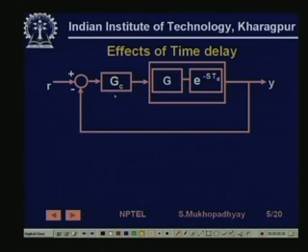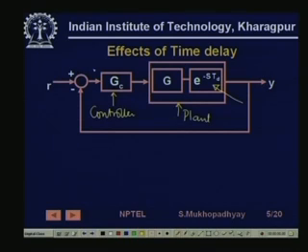This is the controller, and this is the plant, and this is the delay that I am talking about. This is a normal process control loop.